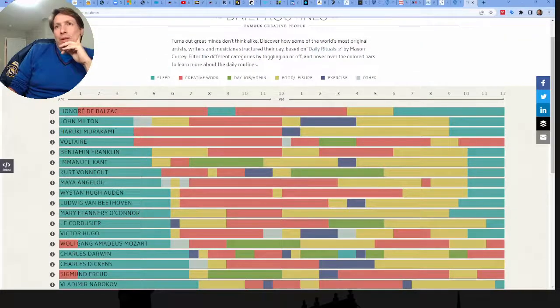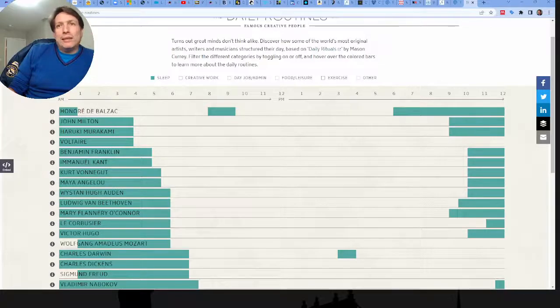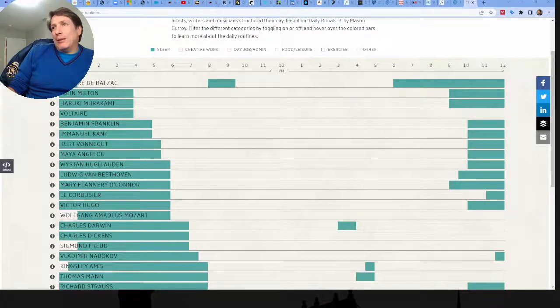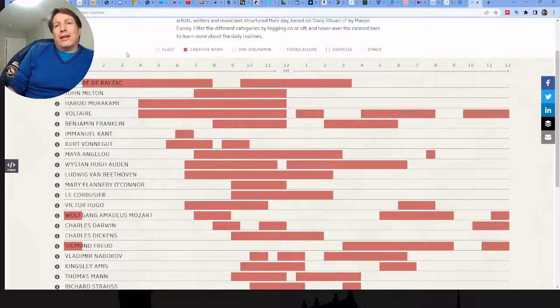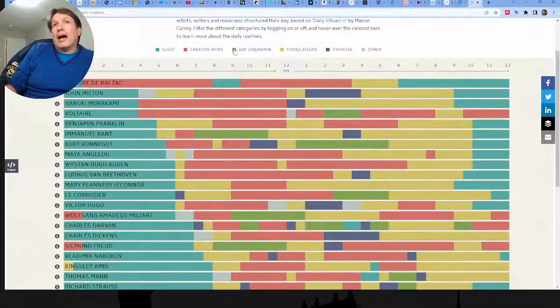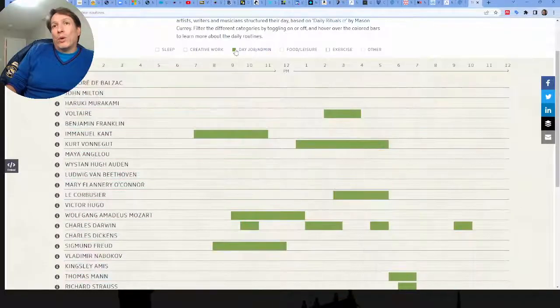We can see, for example, when the famous people used to sleep, and some of the people slept at night, like most of us. Some of them have naps, but also we can see how was their creative work and in which moments of their work they were active, and we can see that some of them really took breaks, others were more productive in small chunks of the day, and others have long production times.